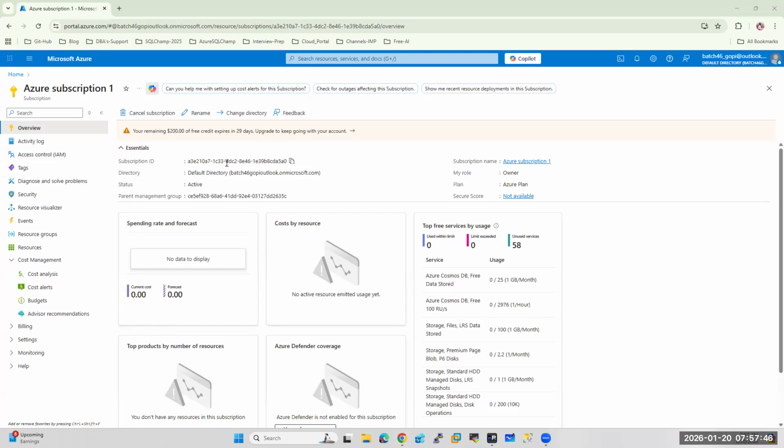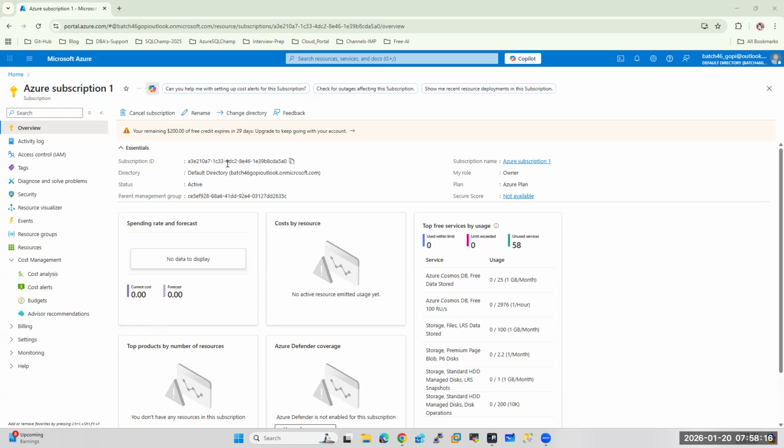You must and should use the subscription ID only. So if you are working with the command line, you can't use the subscription name. Please make a note, in case you get a chance in the real world to deploy any services on top of Azure using PowerShell or Terraform or PySpark, anything.